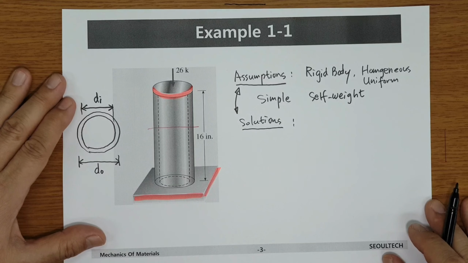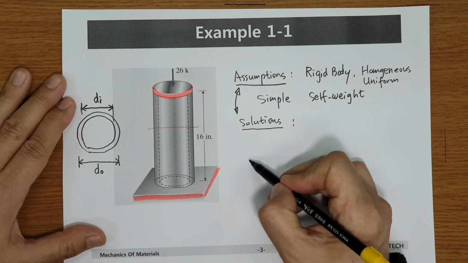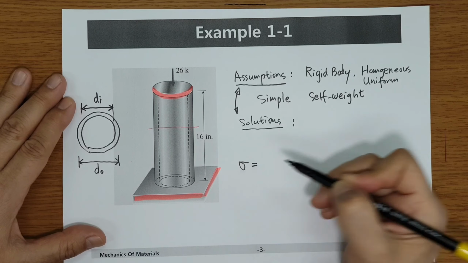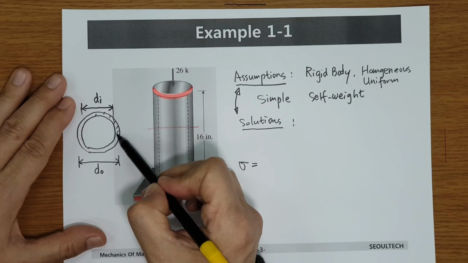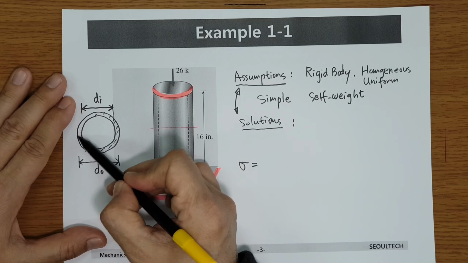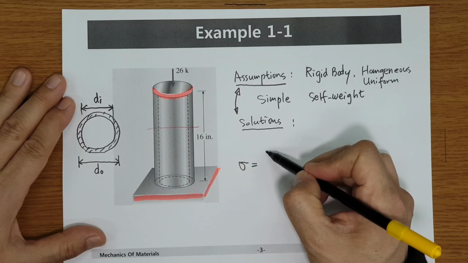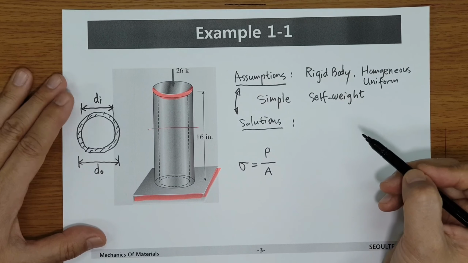Here we would like to know the stress. Stress is sigma. Which is the stress acting on the inside of the cylinder? Stress is calculated by the external force divided by A.